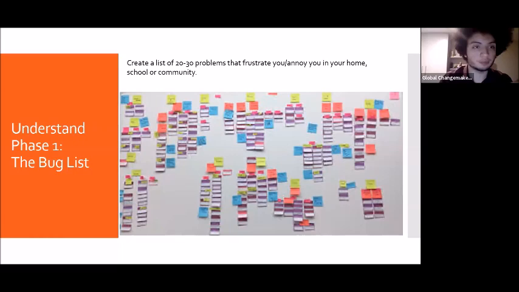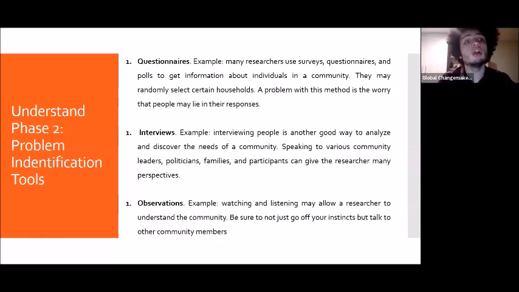So now, to better identify the problem, you narrow down to a few and start running questionnaires, interviews, and observations with people to find the core of the problem. What this means is, say I state that the problem is there are not enough healthcare facilities in this country.